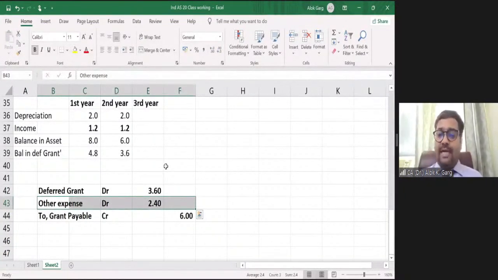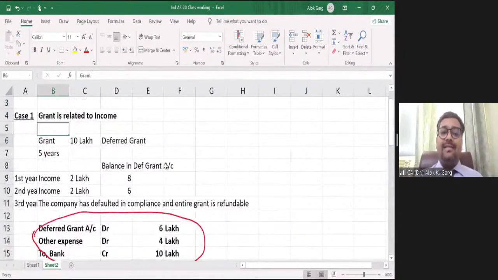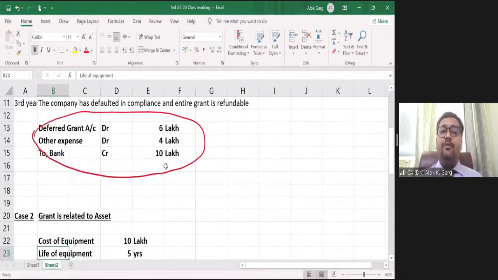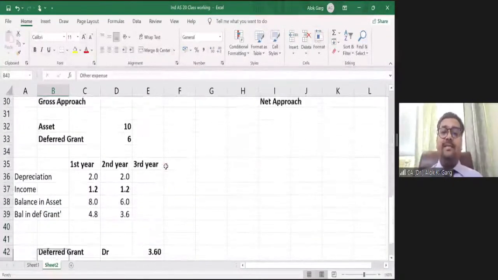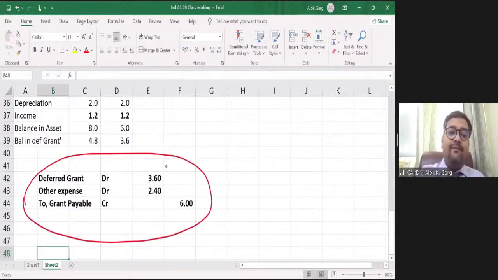So guys, I hope you are clear about the accounting entry. This accounting entry is the same as we discussed for the income-related grant and the payment of grant relating to expense. Yes, it is the same. First, whatever balance we have in deferred grant, we have debited that.